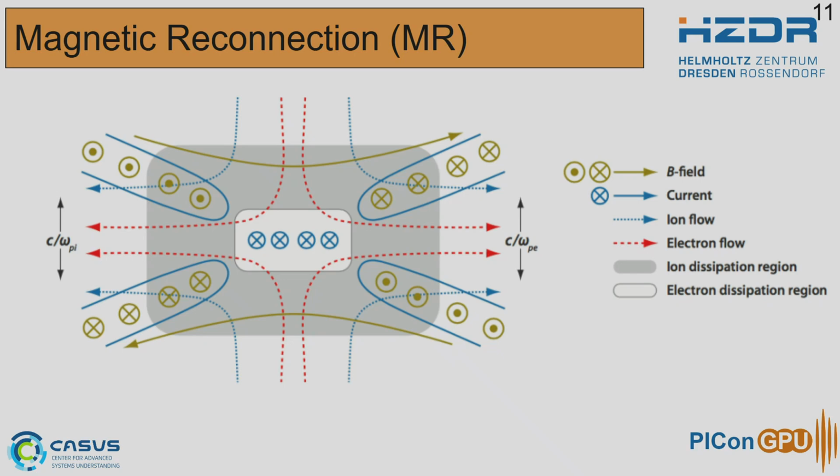And because of these circular motions, you get an out-of-plane magnetic field. So the takeaway message is that characteristic for magnetic reconnection, yes, you have reconnection of field lines, but you also have this out-of-plane electric field in the middle. And on the sides, because of the circular motion of the charged particles, you also have an out-of-plane magnetic field.